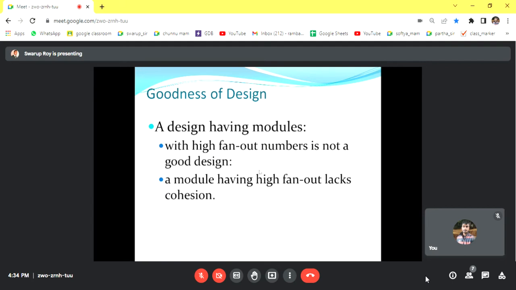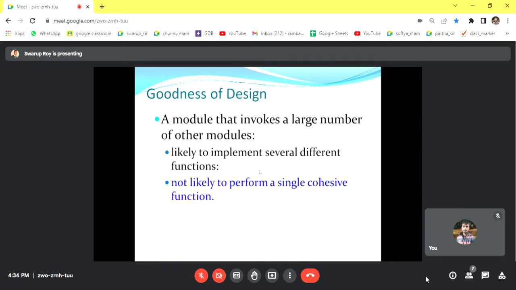Then correcting, updating, or changing that module is going to be very difficult, because the more independent a module is, the easier it is to correct. I can give an example of that here, but I'll come to that later.